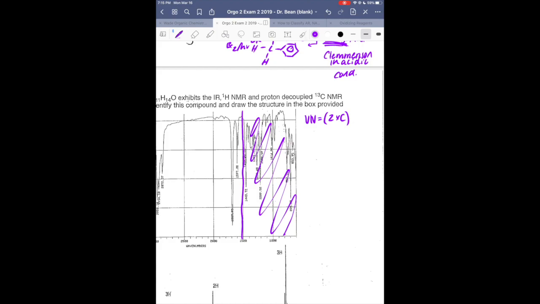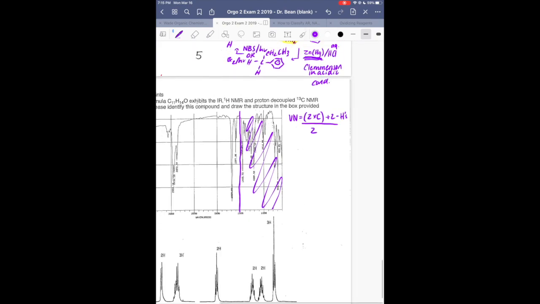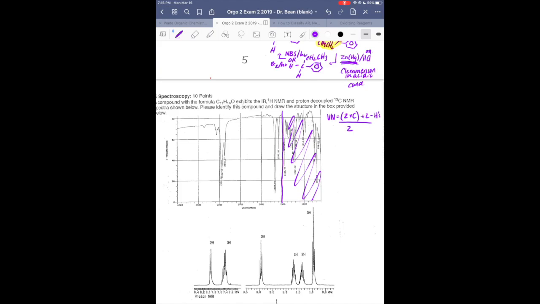So I want you guys to solve the formula on your own. And oxygens don't make a difference, remember that. So we're going to do 2 multiplied by the number of carbons.